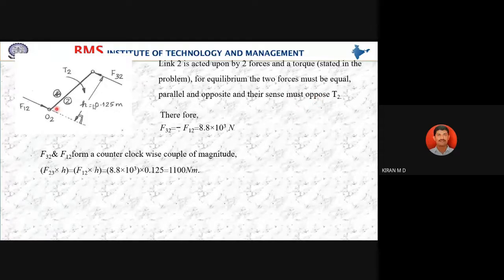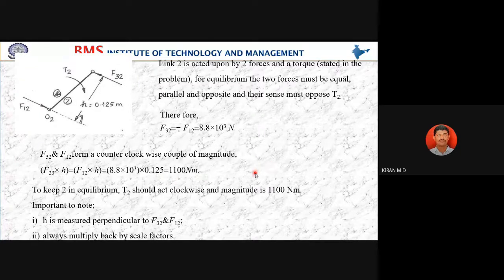opposite to T2. Whatever force you get is equal to the force developed by the torque. What is the torque? Force into distance. So force into distance, F23 into H or F32 into H, that is equal to F12. So 8.8 kilonewton into 0.13125 meter is equal to 1100 Newton meter.